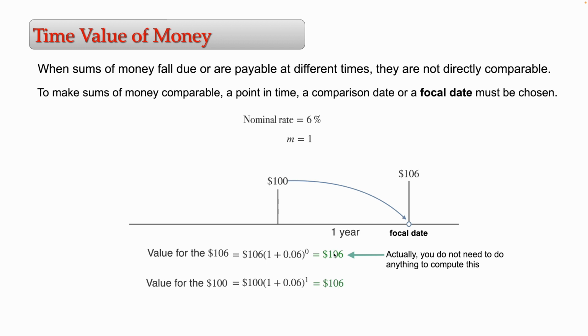Then you get the same conclusion, you get the same amount, and the conclusion is again, these two amounts are equivalent. To compare amounts, it's convenient then to choose as a focal date the date in which one of the amounts happens. Okay, so let's solve some problems of applications of these equivalent values.